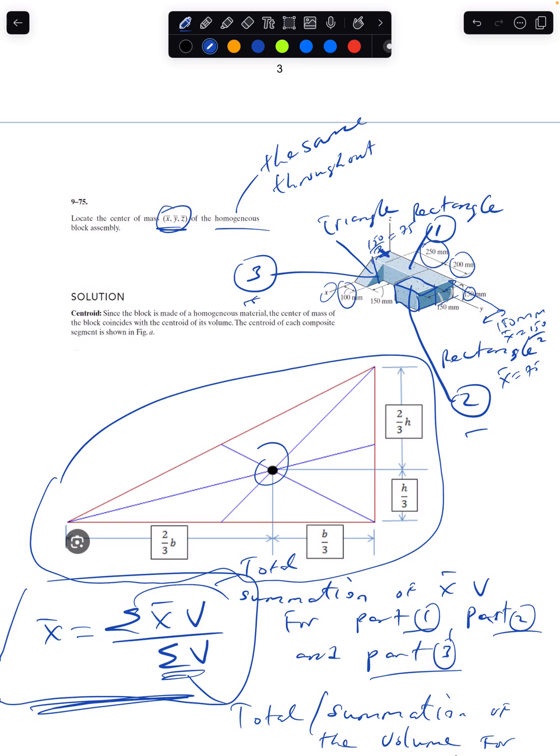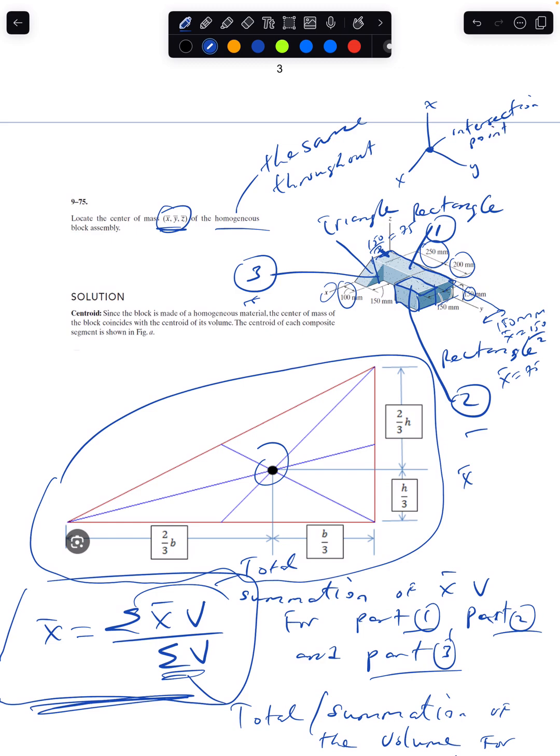Now, interestingly, for that part 2, we are going to get x bar, and the x bar is measured from this reference side, which is from the intersection where I have z, x, and y. So we always measure the reference from this intersection point. That's where we measure the reference.